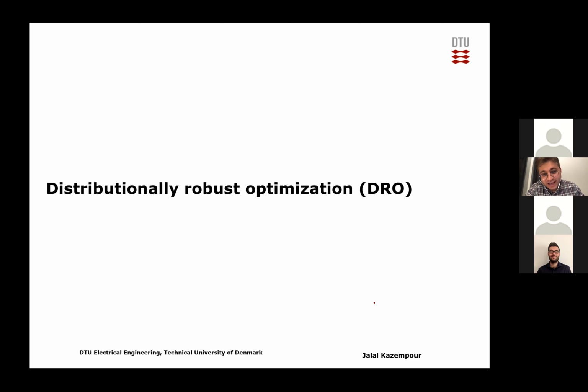Any guess how DRO is going to relax that assumption, or how DRO provides a generalization? Any clue? Any initial guess? Please feel free to say something, even if it's wrong. No worries.